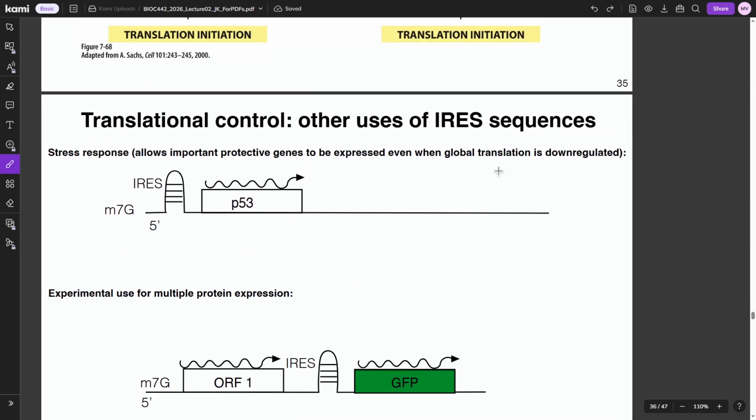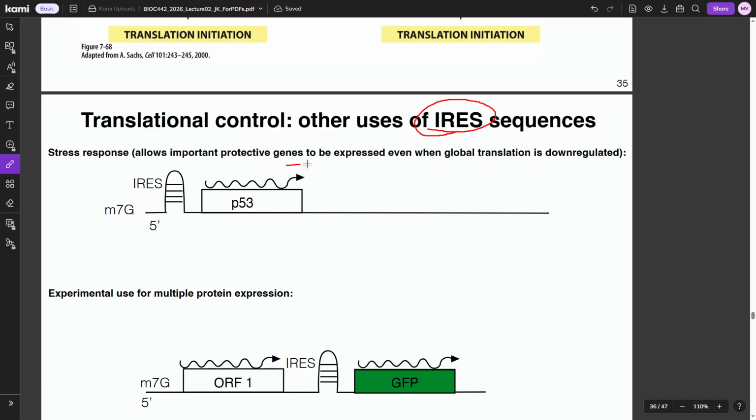Oh yeah, this is interesting. So, translational control: other uses of IRES sequences. Basically, this is saying that under stress conditions, these IRES sequences actually allow for translation, even when EIF2 is phosphorylated and you can't really translate using that mechanism.